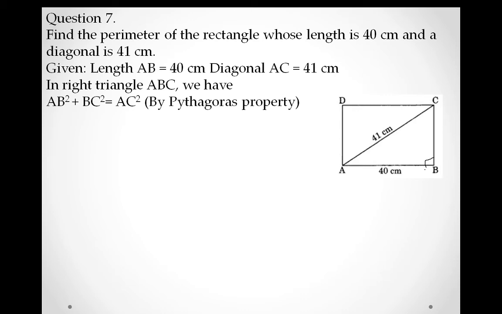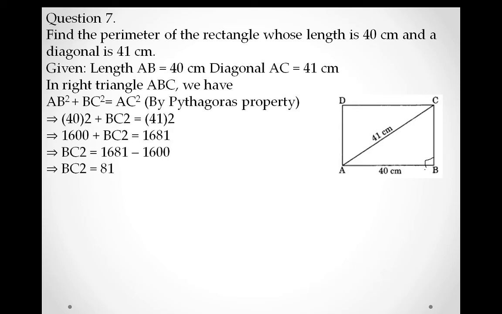So in right triangle ABC, we have AB square plus BC square is equal to AC square by the Pythagoras property. So 40 square plus BC square is equal to 41 square, and on solving the question we get BC is equal to 9 centimeter.